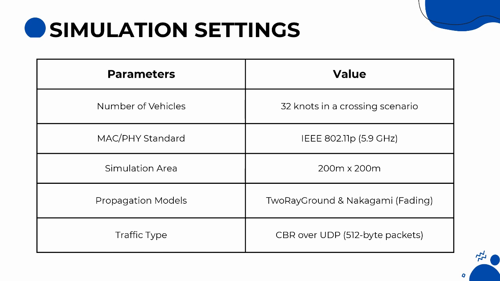In our review, we pointed out that although 32 vehicles is a good starting point, this number is relatively low to represent the network congestion that occurs in large metropolises, where hundreds of devices would be competing for the same radio channel.